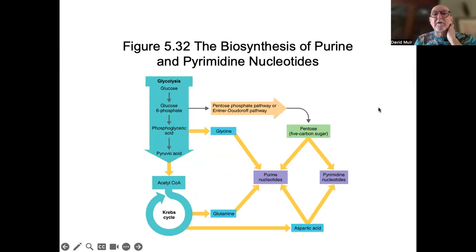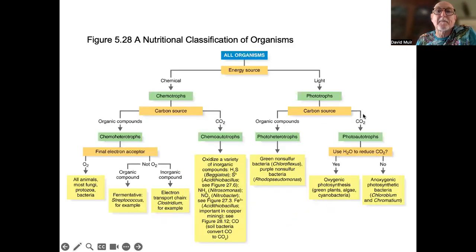Never mind about all of the detail, just note that pyrimidine and purine nucleotides, which we will hear more about when we talk about DNA structure, nucleic acid structure, etc., can also be synthesized from intermediates of glycolysis, the Krebs cycle, and from the pentose phosphate pathway or the Entner-Doudoroff pathway. So there are many sources of substrate to produce these.